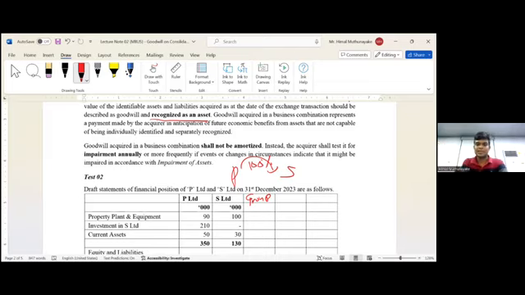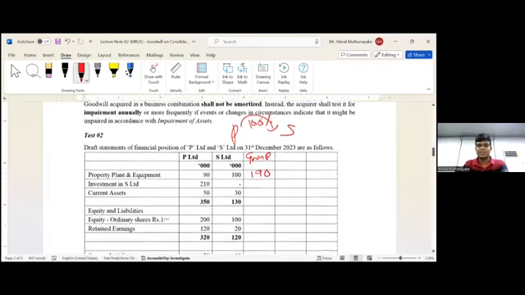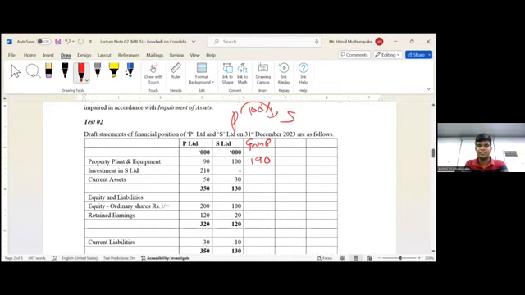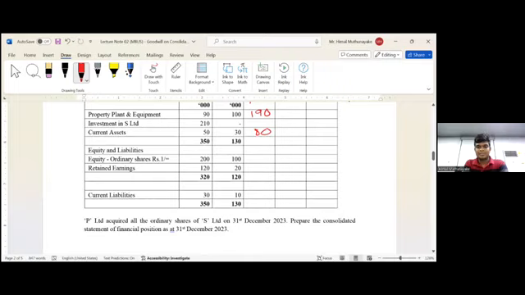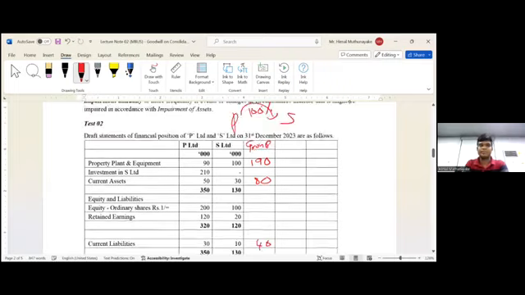If you control this company, the asset value must also be included under the group. So 90 plus 100 is 190. The investment I will take aside. 50 and 30 is 80, and 30 plus 10 is 40.